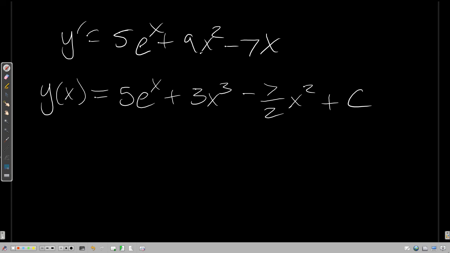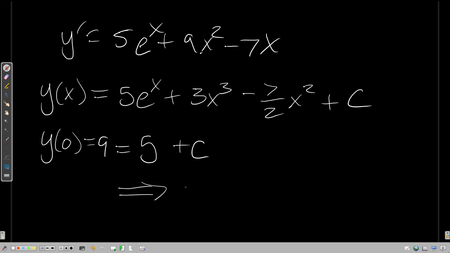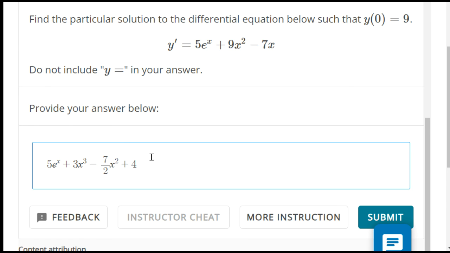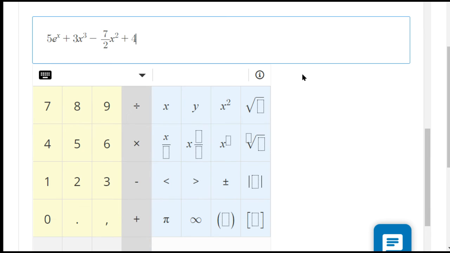And you know that y of 0 is 9, but y of 0, you put a 0 in everywhere for x, it just says 5 plus c. So then c has got to be equal to 4, and you can write down then the antiderivative with the 4 instead of a c.